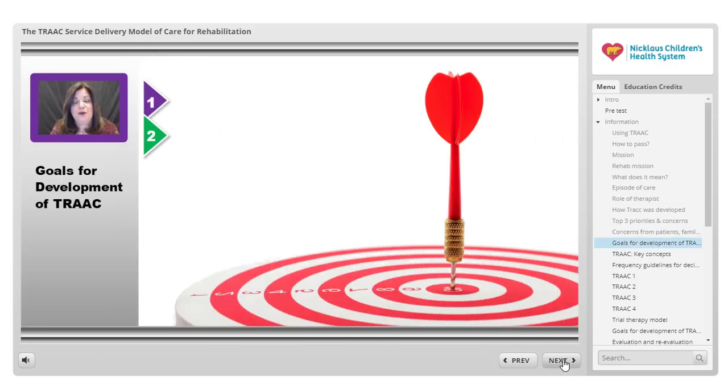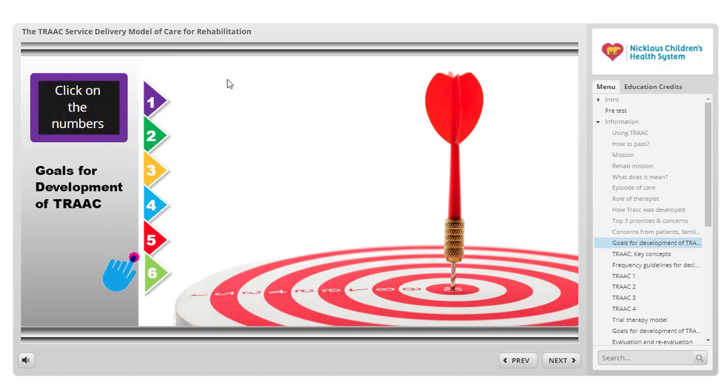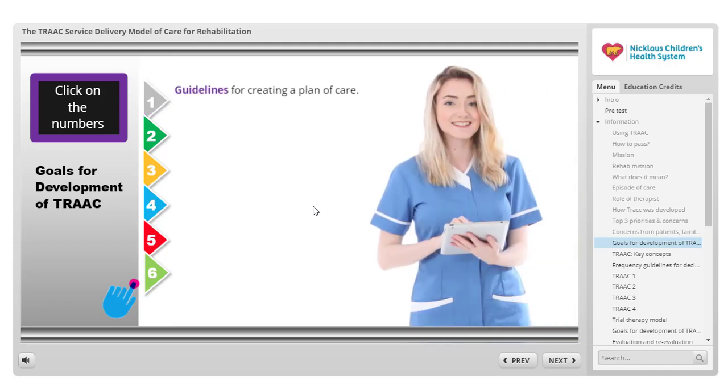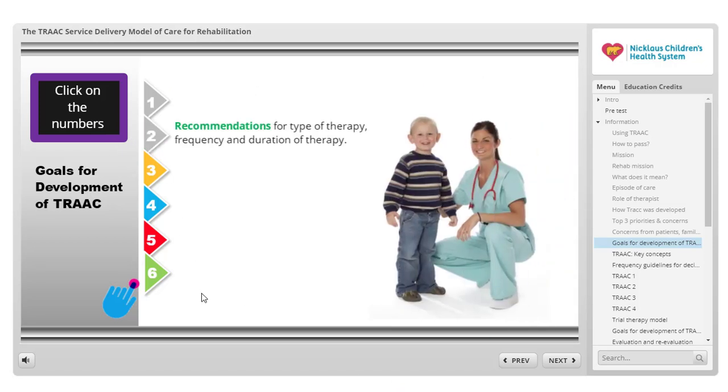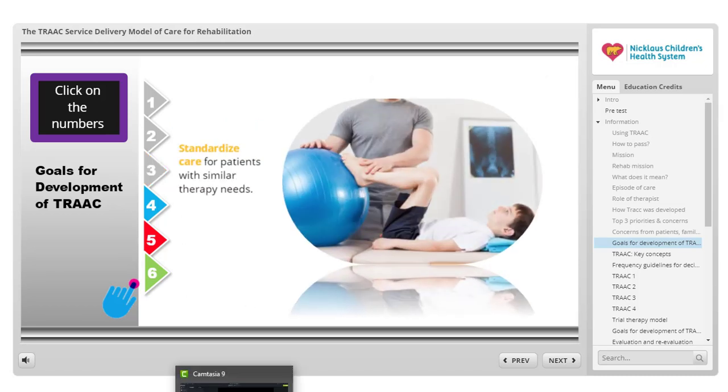So what were the goals to develop TRACC? We needed guidelines for creating a plan of care. Recommendations for type of therapy, frequency, and duration of therapy. Standardizing care for patients with similar therapy needs.